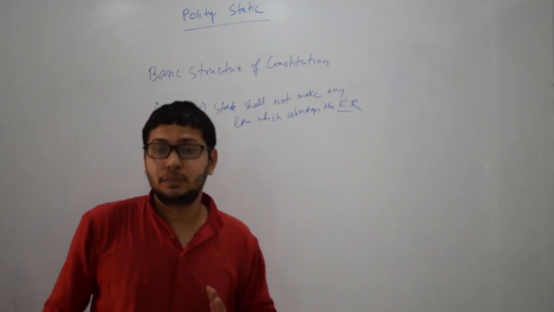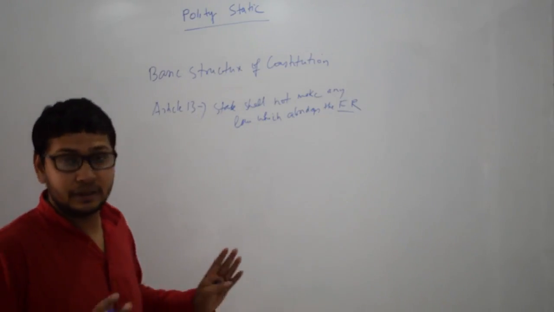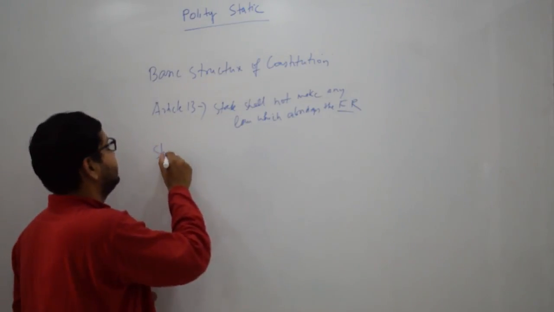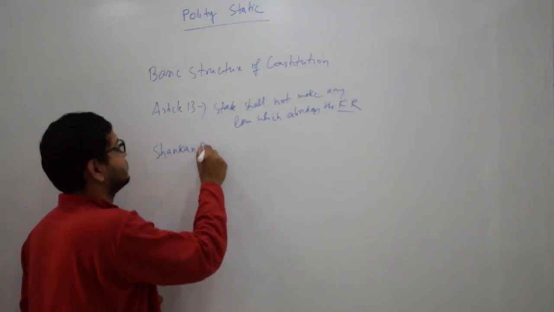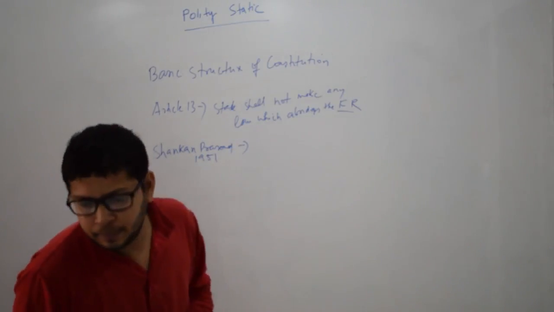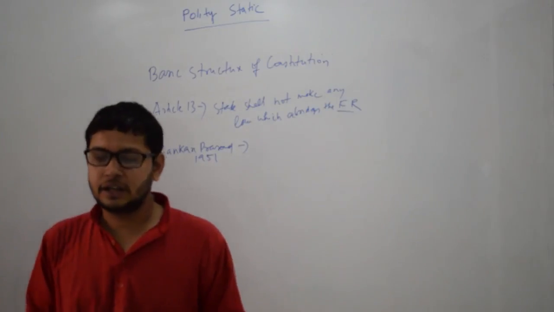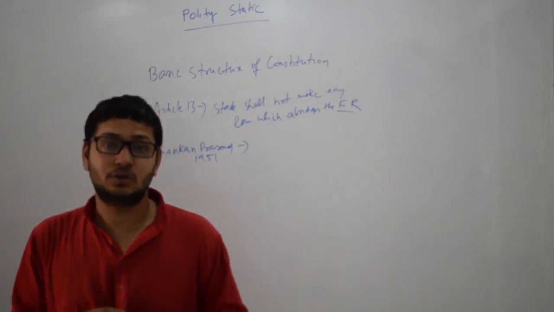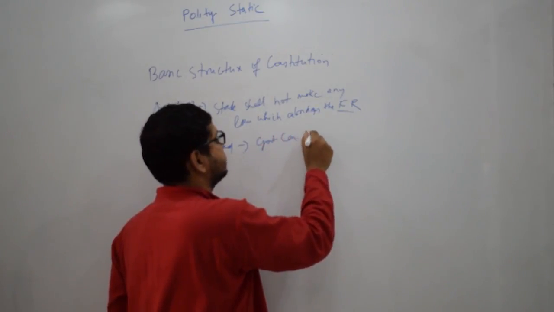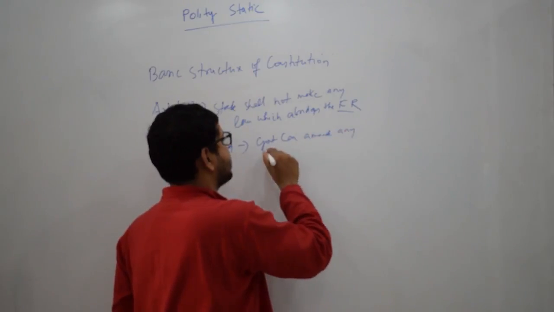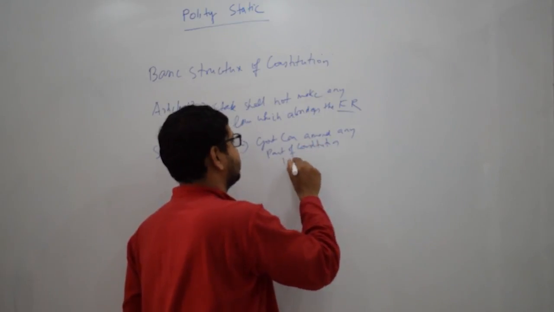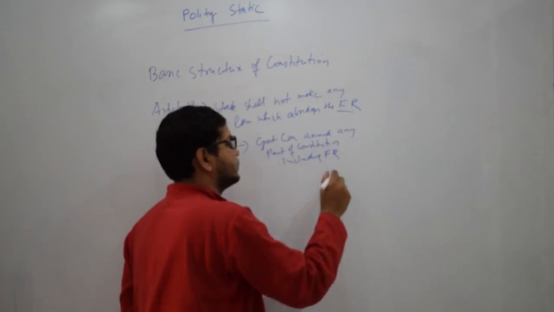Now the whole dispute regarding basic structure is because of this Article 13. The first main judgment regarding the sanctity of fundamental rights was the Shankari Prasad judgment in 1951. It said that the government can amend any part of the Constitution, including the fundamental rights.